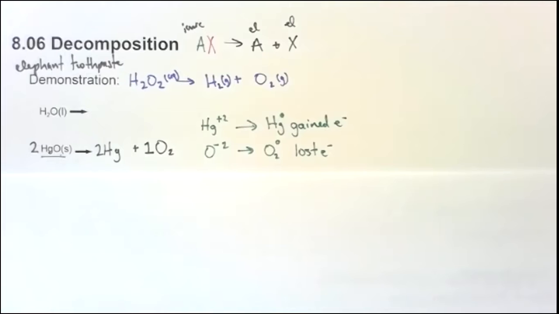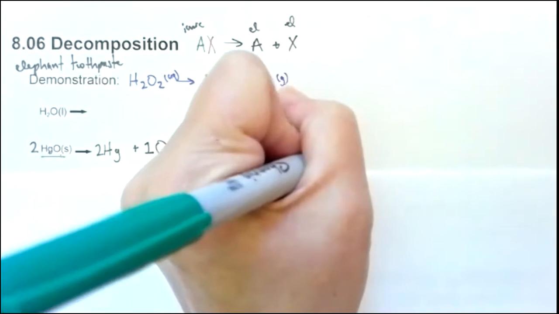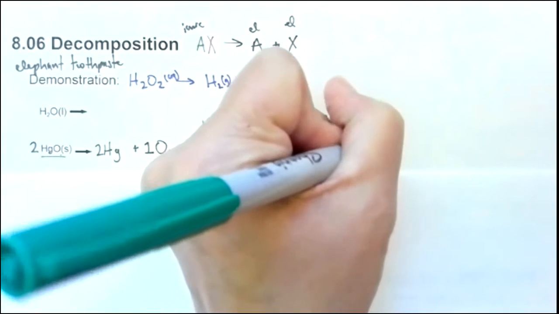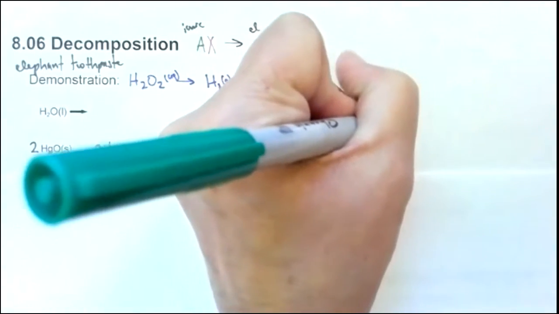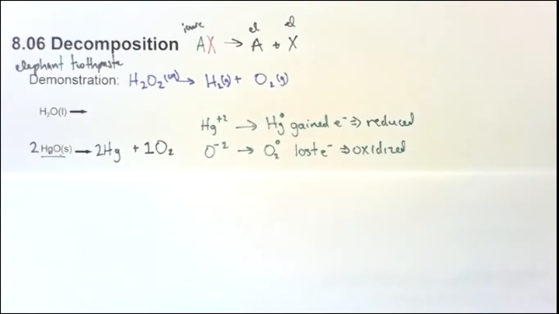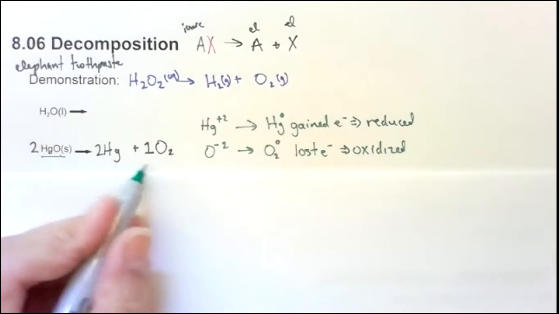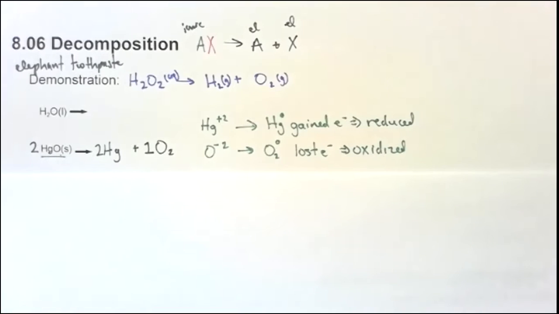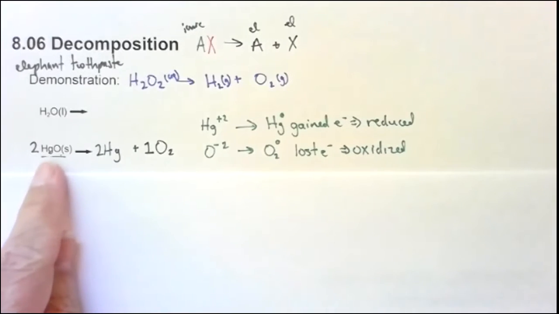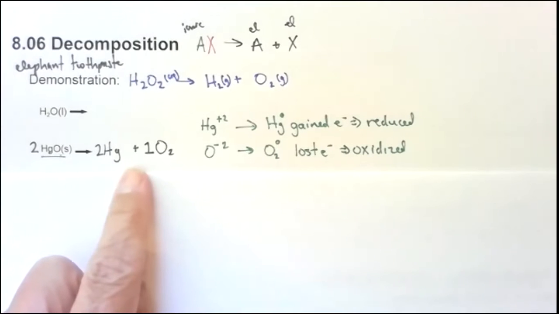And so as it turns out, OIL RIG, oxidize is lose. Turns out that my oxygen is oxidized and mercury is reduced. And it's just a further reminder that you need to check to see what are your charges when you start and what are your charges when you end.